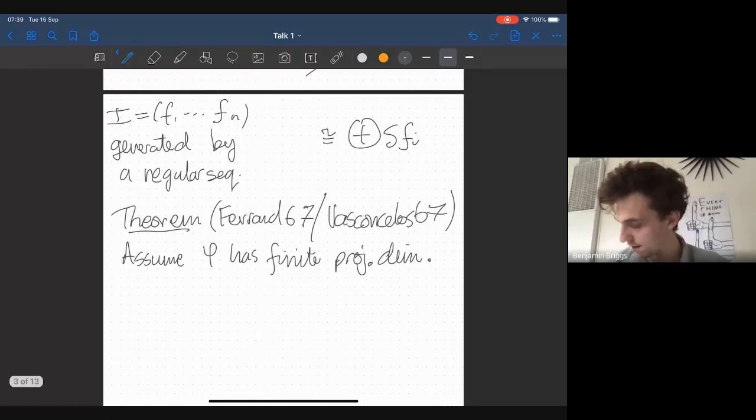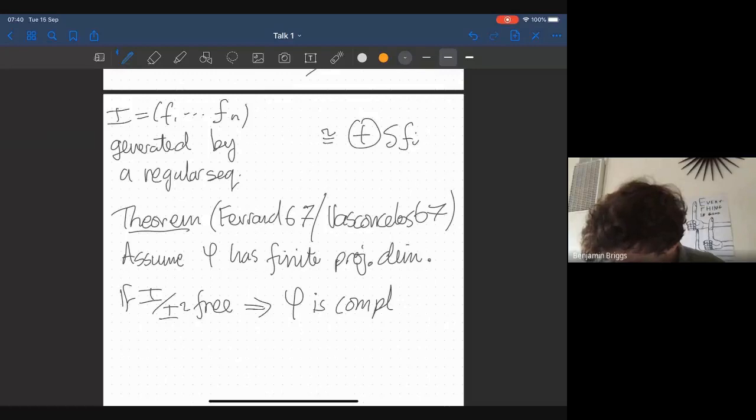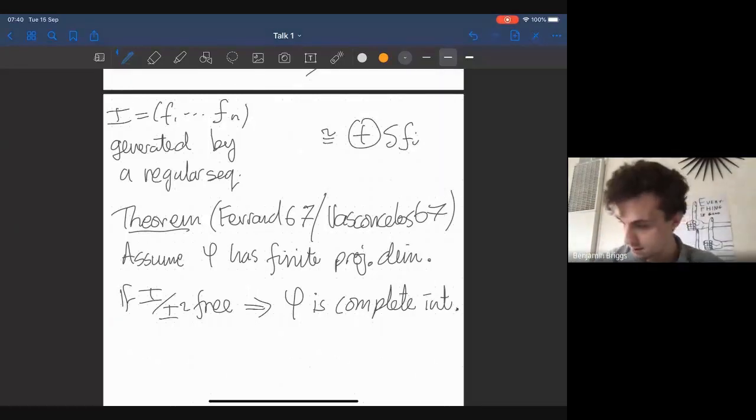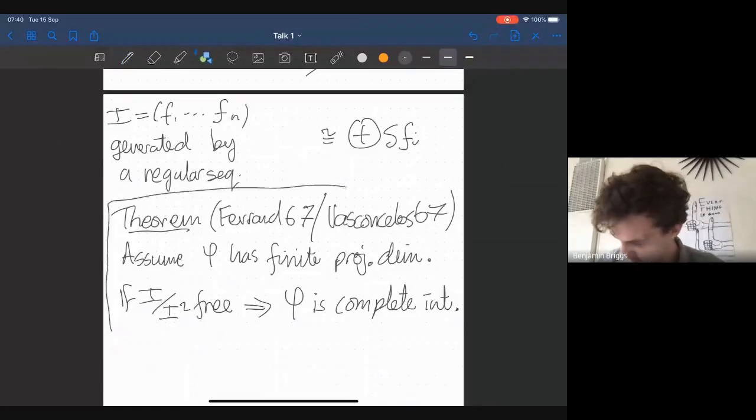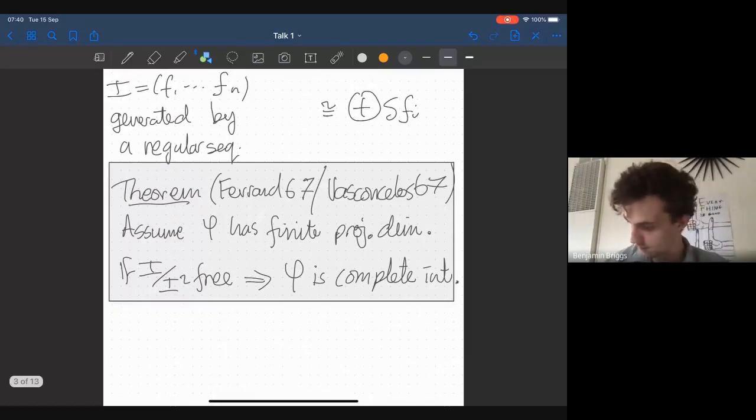And it says that having made that assumption, if the conormal module is free, then phi is complete intersection. So there is a converse to this. Let's put a box around that, see how that looks. Yeah. So maybe just as a remark, oops, I'm still on box drawing mode.